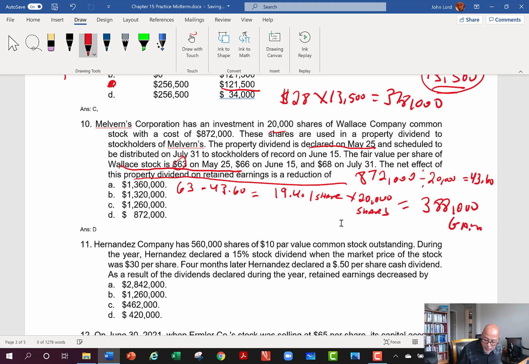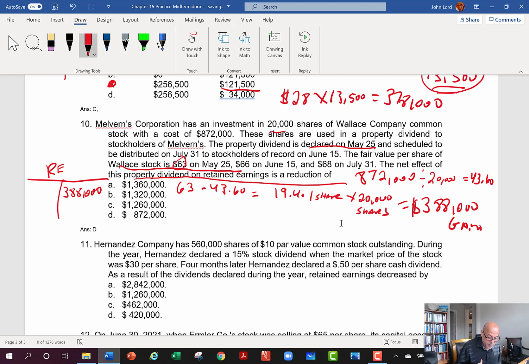That's the gain. I'll put my T accounts over here, which means that the retained earnings is going to increase 388 for that. Right? That's an increase to my retained earnings, but then I have to pay the dividend.